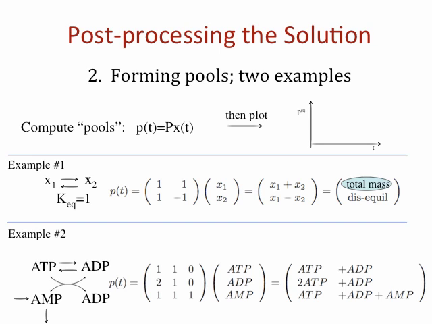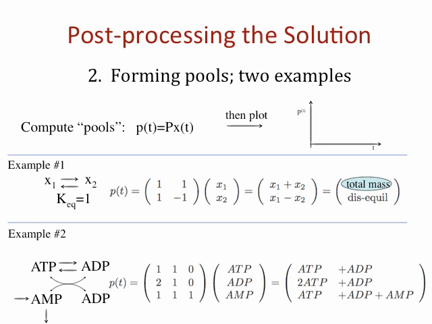And that is the third entry in the column vector to the right. And remember, this is related to the capacity of this network to carry high energy phosphate bonds.